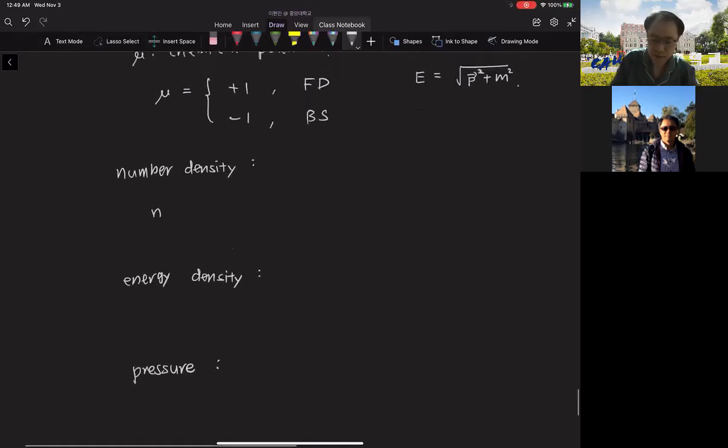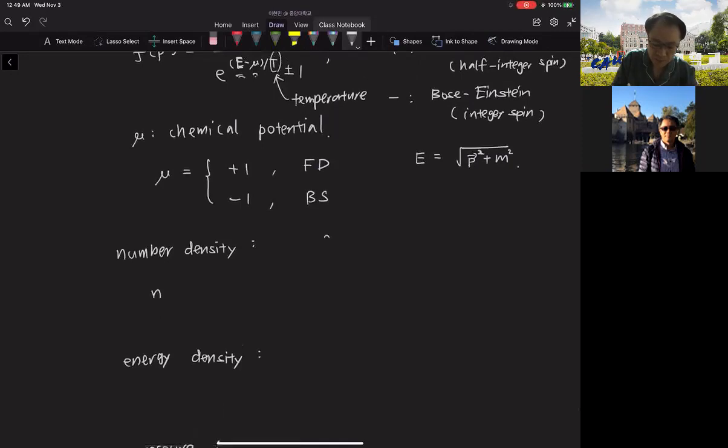And here I forgot to say that we denote the number of degrees of freedom of each particle by g. If it is an electron, then spin up and down, so g equals 2, for instance.